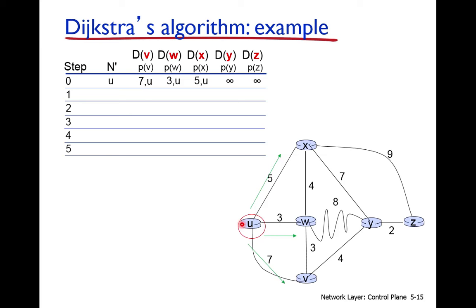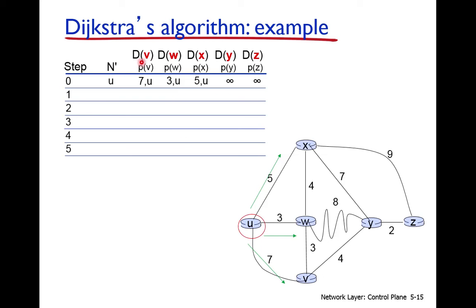So at the moment, if we are standing at U, from U we can reach X, W and V. From U to X the cost is 5 and the previous node is U. The predecessor of X is U. Similarly, from U to W its cost is 3 and the previous node of W is U on this link.